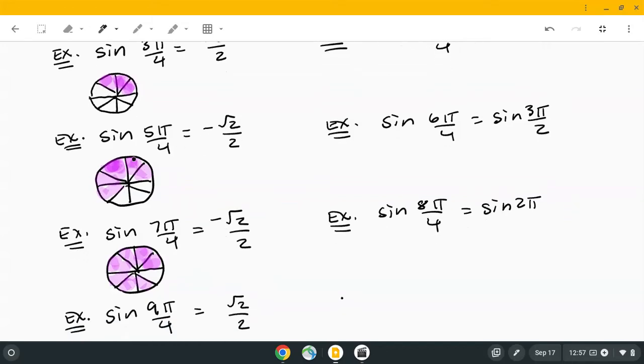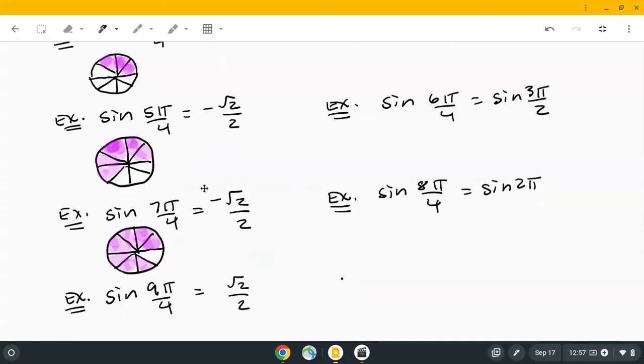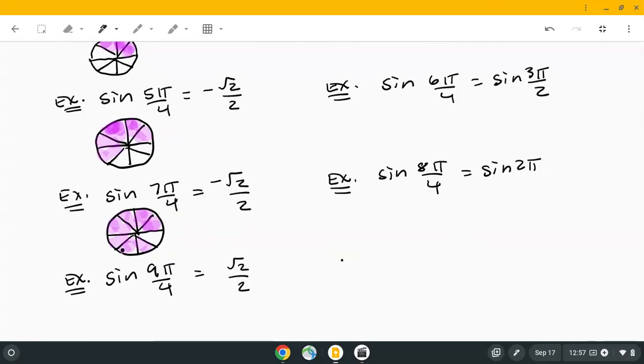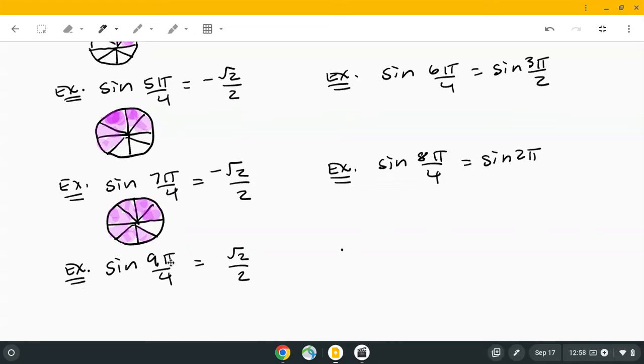Same thing here. 5 pi over 4 lands right here. Its reference angle is this piece right here, and we can see it's 1/4 pi. 7 pi over 4 lands all the way over here, and we can see the reference angle, which is this piece, 1/4. And same thing with 9 pi over 4. It's this right here, and the reference angle is this, 1/4 pi. Okay?